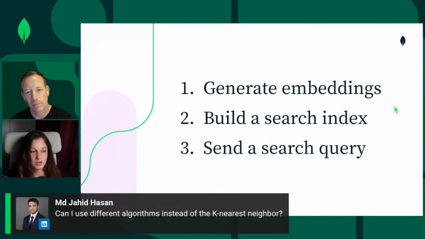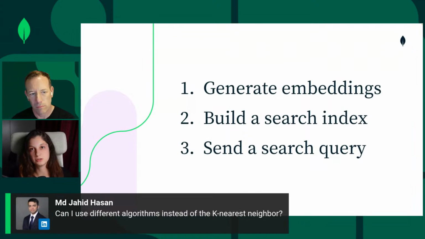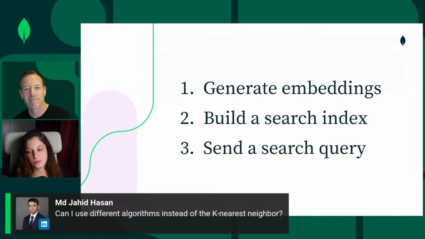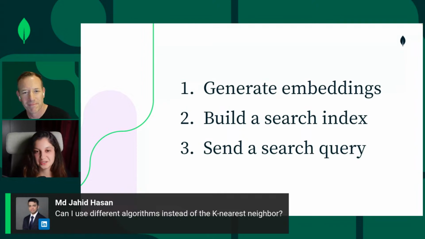The short answer is right now, no. The algorithm that is used by Atlas Search under the hood is always the same, and you can't modify it, but you can modify the similarity function, which should be enough for now. But if you want more extensibility in terms of algorithms, maybe just wait for a while. We might have something coming up, or use a different solution.